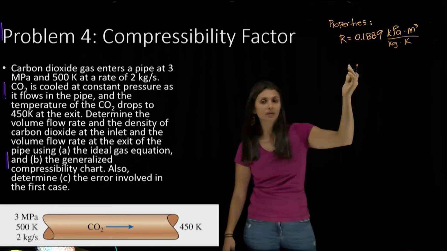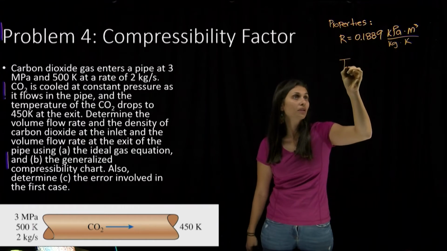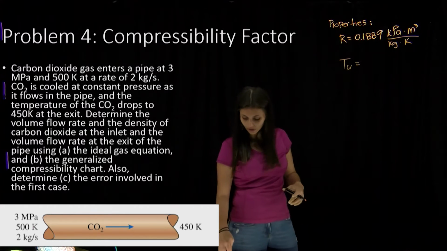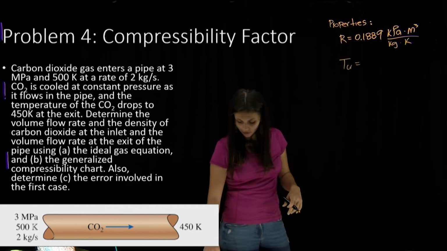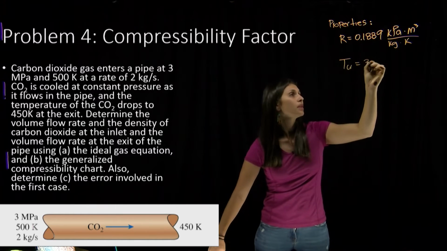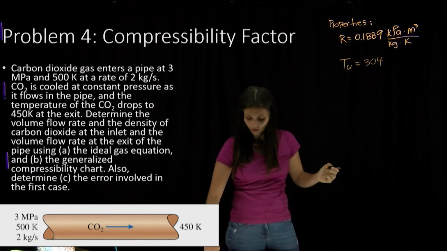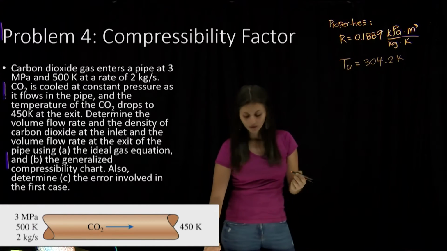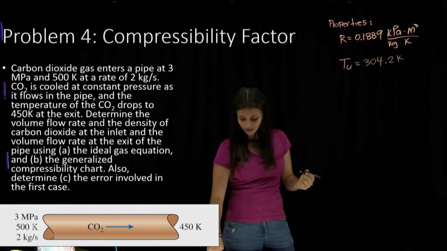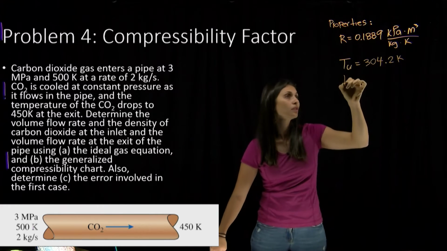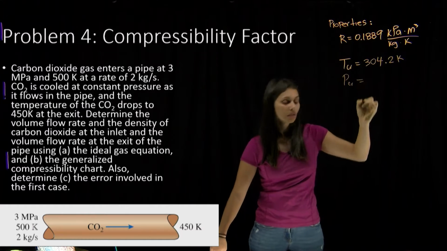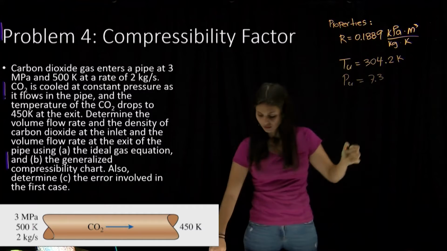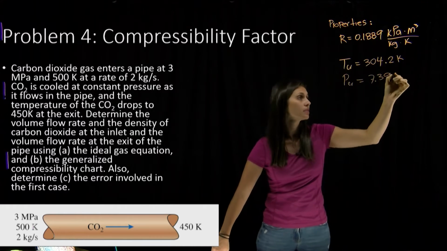You also want to write down the critical temperature for CO2, which you can get from the charts in the book. It's 304.2 Kelvin. And the last property will be the critical pressure, which in this case is 7.39 megapascals.